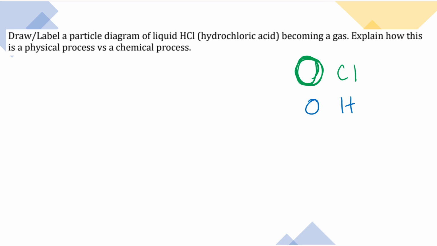We know that H is less electronegative than chlorine, so that creates a dipole. So we have a slightly positive, slightly negative end. Right now, this is a covalent bond.